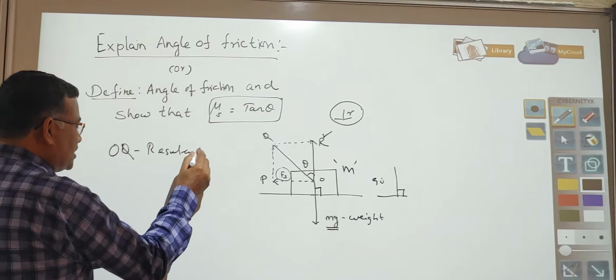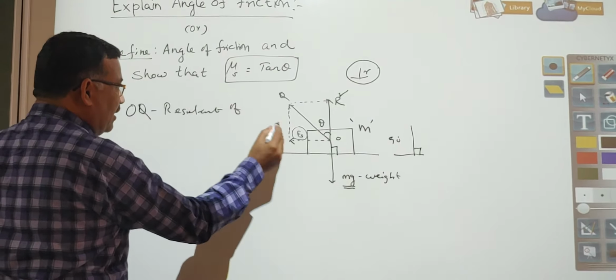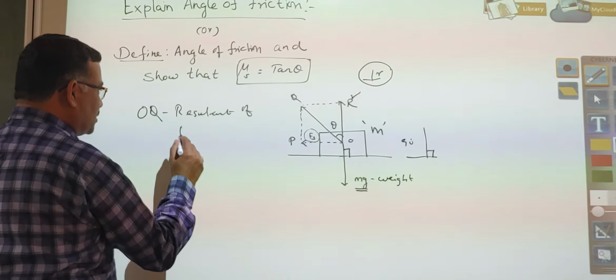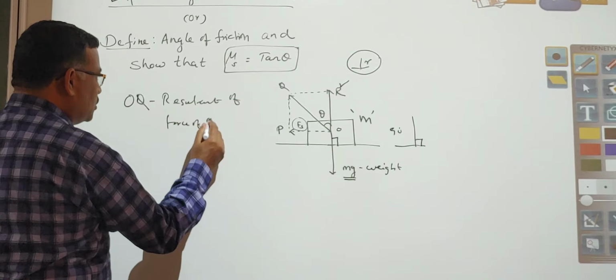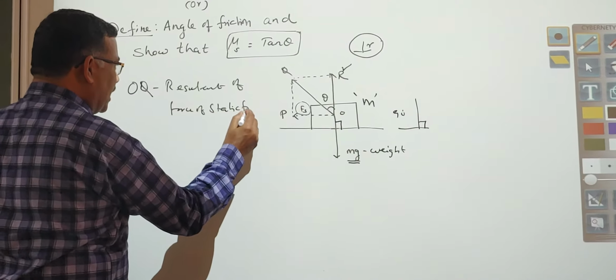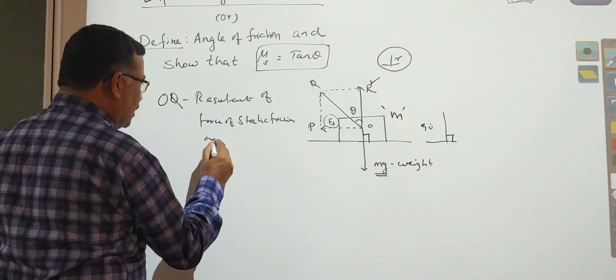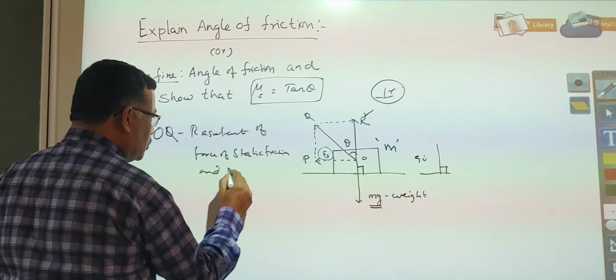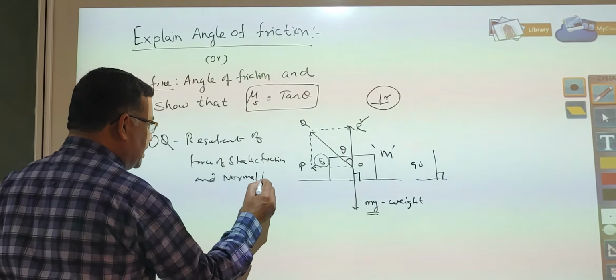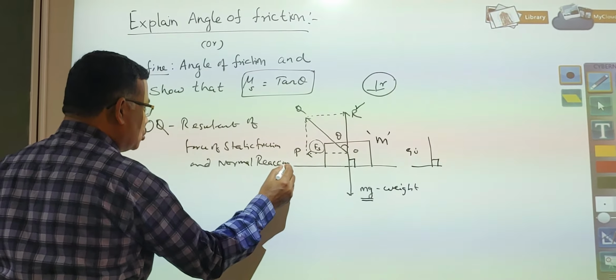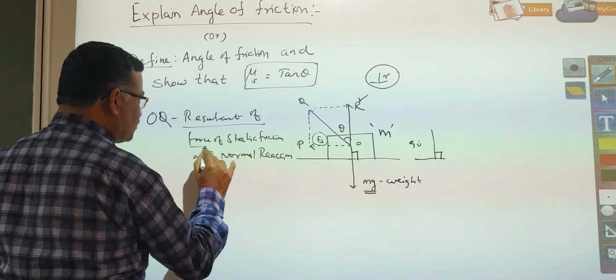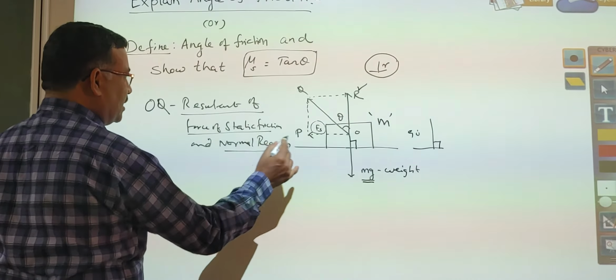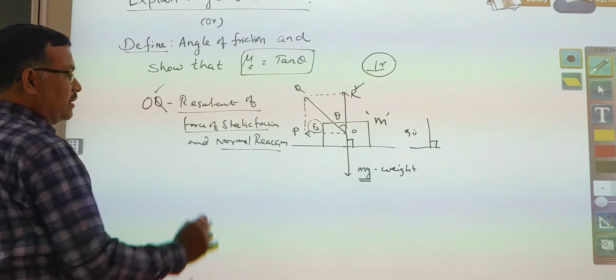OQ is the resultant. Resultant of what? Resultant of the force of static friction and the normal reaction. For both these vectors, OQ is the resultant.